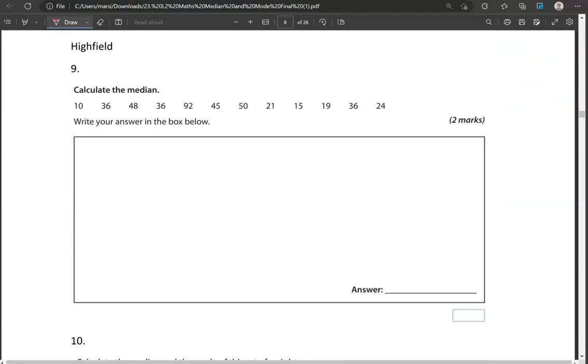Calculate the median. So we need to put them in order. Which number is the smallest? That is 10. Then we have 15, 19, 21, 24, 36, 36 again, and again.